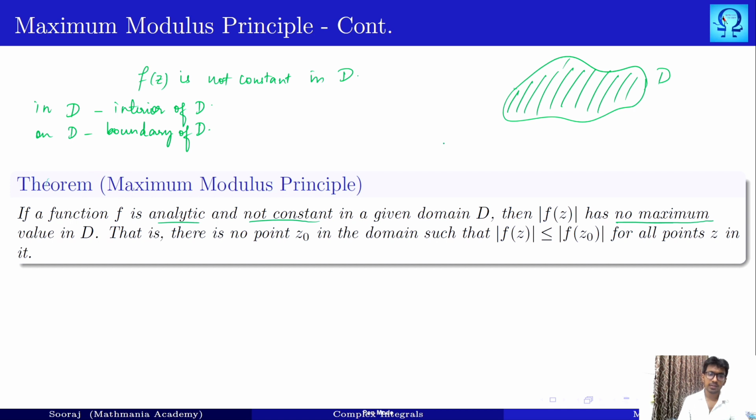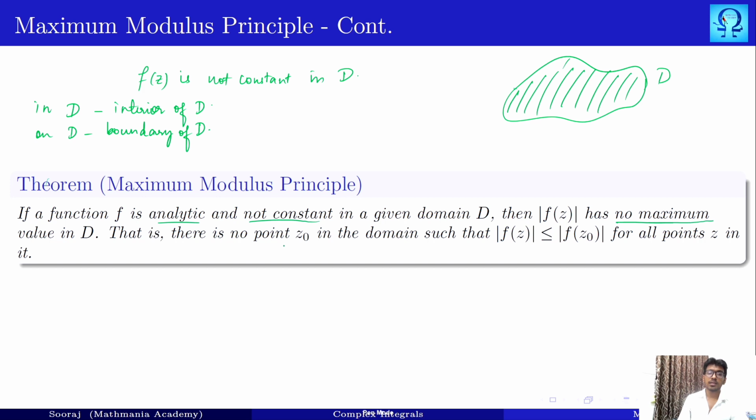So here it is said that in D, which means inside this domain, on the interior points of this domain, we will not have any maximum value. That is what we'll have to prove.